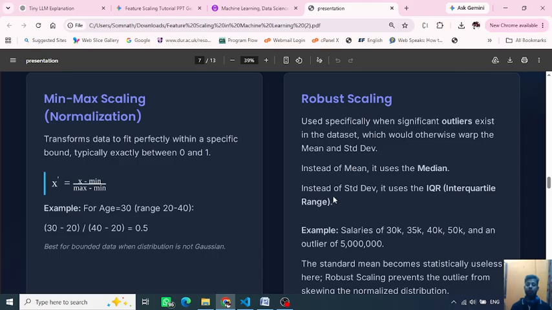Instead of standard deviation, it uses the IQR, the interquartile range. Actually, it divides the sorted data set into 4 parts, as we discussed before: 25%, 50%, 25%, and the rest. Right?